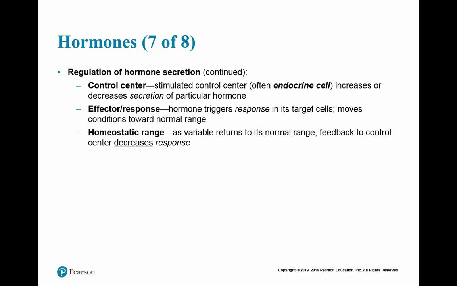And then there's a response, an effect, because that hormone triggers the response in the target cells. And it gets conditions back in the normal range, which, when it gets there, then we're going to decrease this homeostatic response.